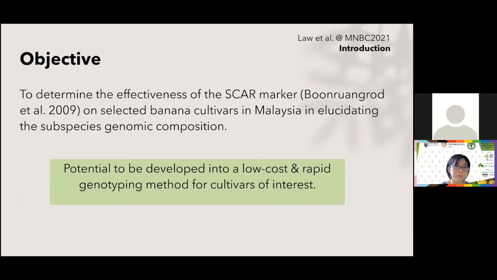We have a very simple, straightforward objective: to determine the effectiveness of this marker system on selected banana cultivars, to elucidate the subspecies genomic composition. Indirectly, we assess the potential of this marker system to be developed into a low-cost, rapid, and very convenient genotyping method for the cultivars of interest.